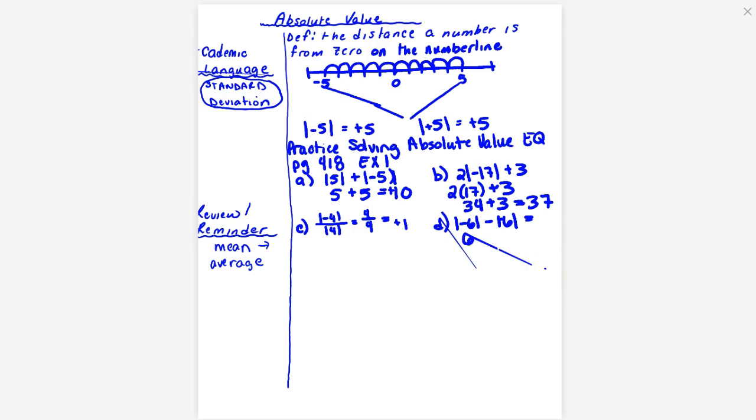The absolute value of negative 6 over here is just 6. But that subtraction, sorry guys, I didn't realize my pen had gone wonky. That subtraction sign in between them is not in an absolute value symbol, so that's going to stay subtraction. So actually, this question is just 6 minus 6, which is 0.